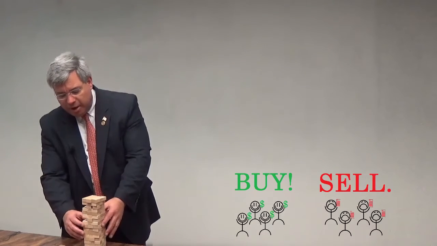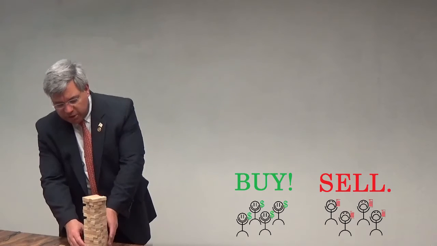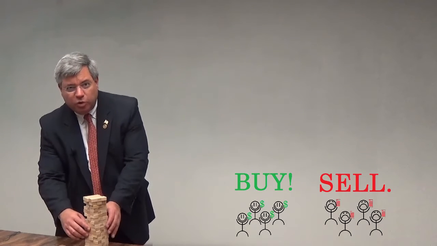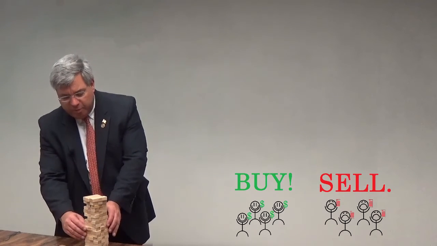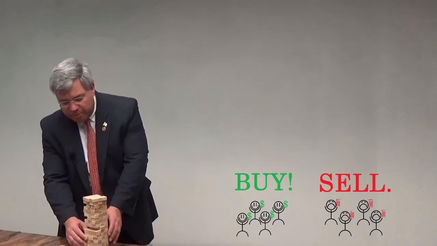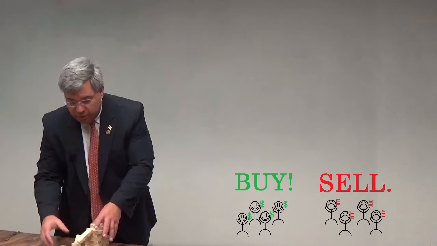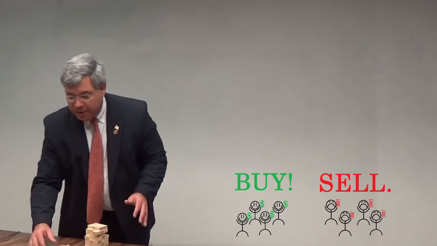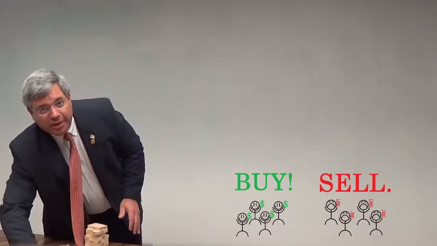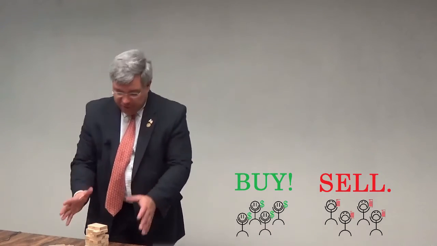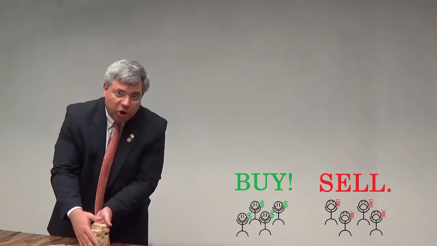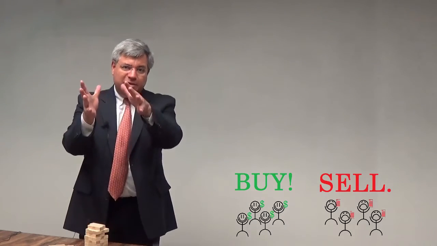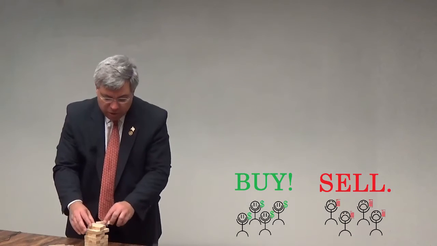And in the same kind of way, this pile gets shakier and shakier as more and more blocks come out of the pile. Now, if enough blocks come out of the pile, eventually the whole pile falls. Just like in the market, when enough stocks go on sell signals, then the whole market declines. And that's when we begin to see things go down.